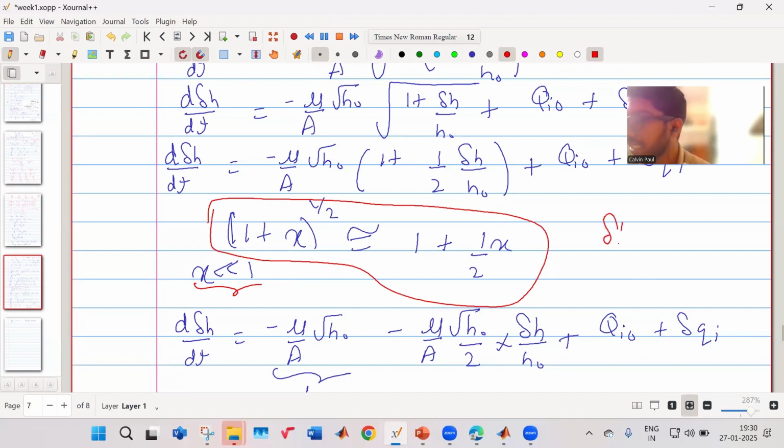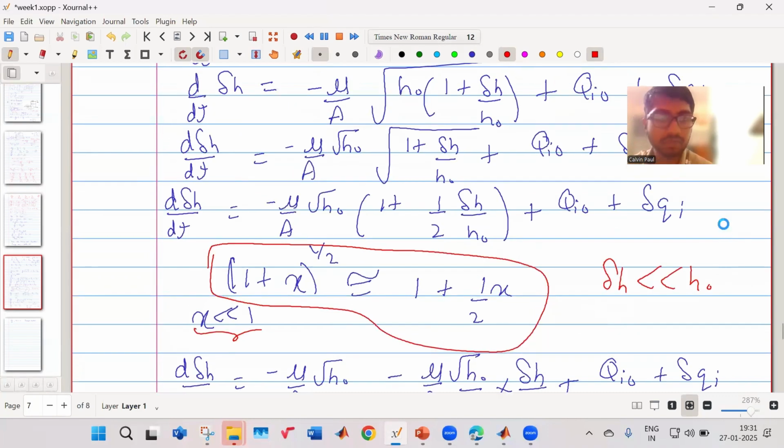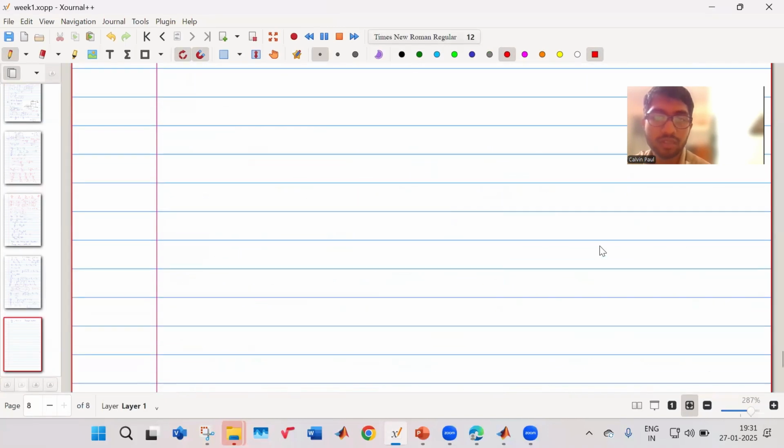The assumption is that my delta h is very much less than h naught, so it is negligible compared to h naught. That is the approximation. All these linearized systems are not very accurate, they are just an approximation, and that approximation is around that particular operating point. So this is done over here.